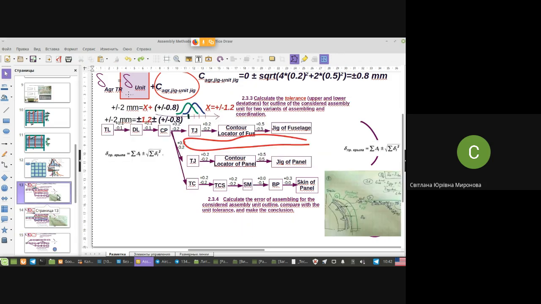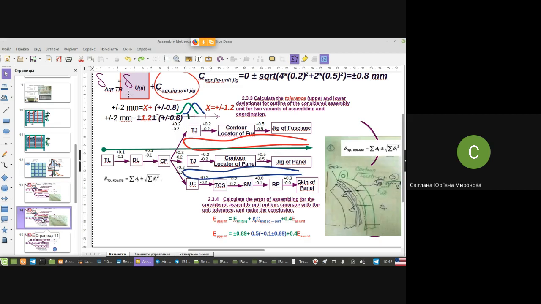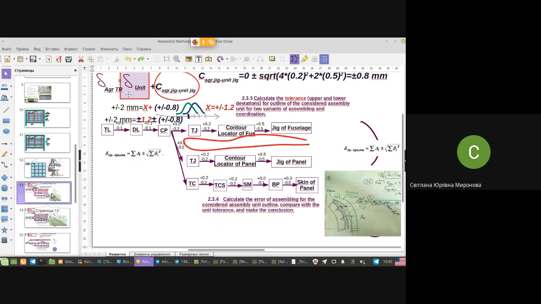But what if I have to compare? What if I have to compare the two jigs?